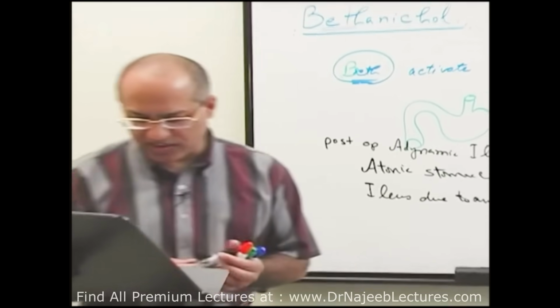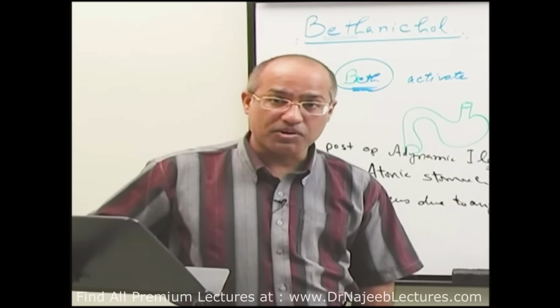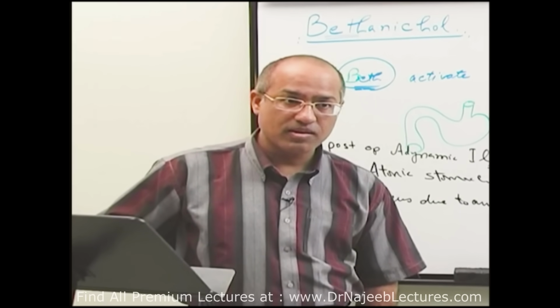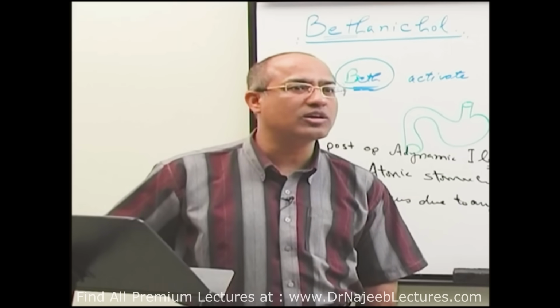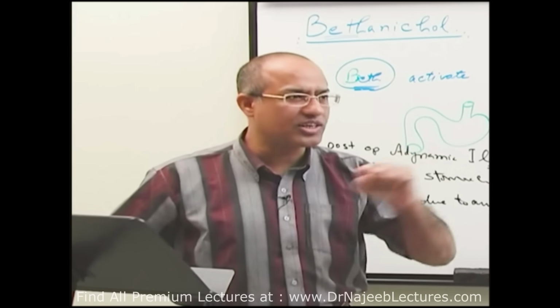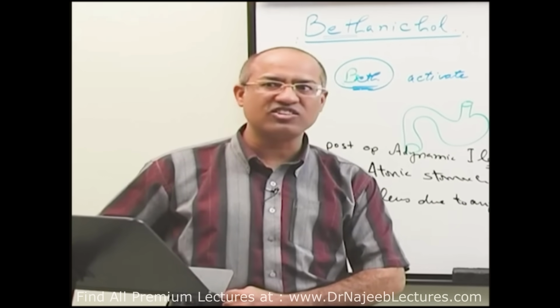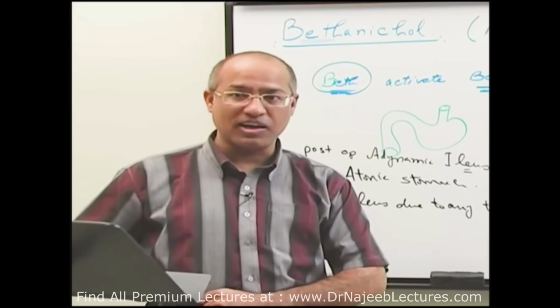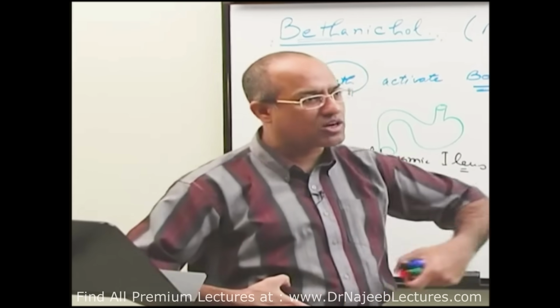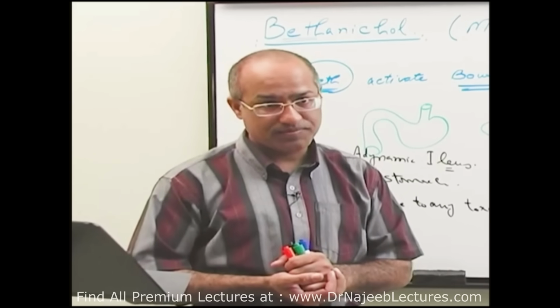We can activate the GIT, but there are a few things which are very important. Before activating the GIT, you must know that there is not any obstruction in the GIT, because if there is some obstruction, for example intussusception, and you give bethanechol, patient will be in trouble. Already there is a block in GIT and very strong peristalsis comes, maybe GIT perforates, ruptures, right?